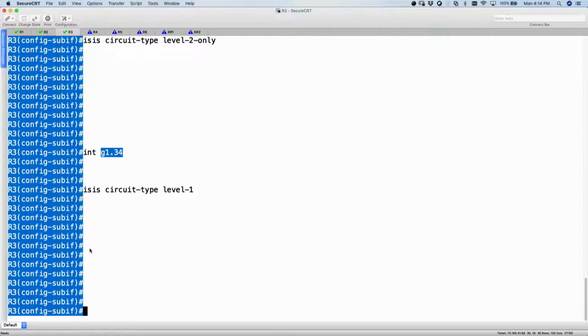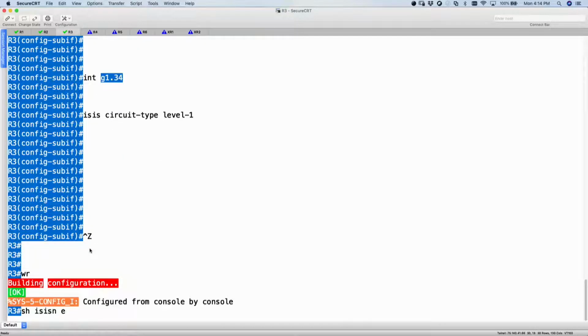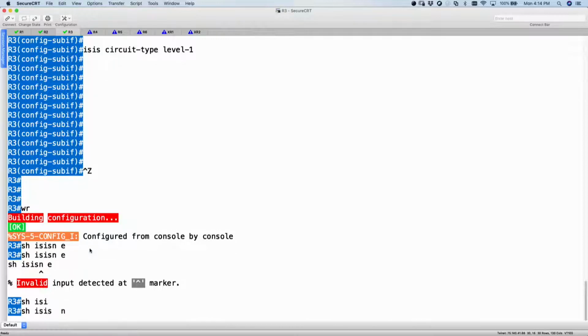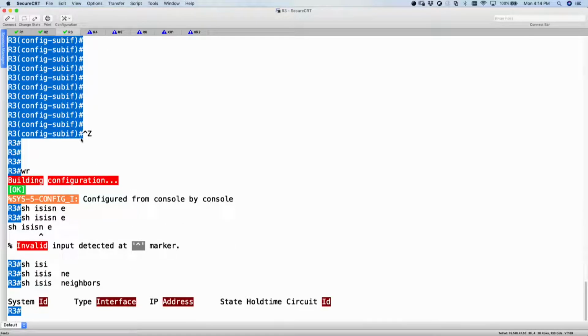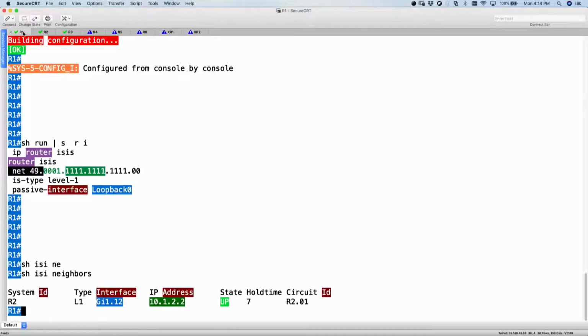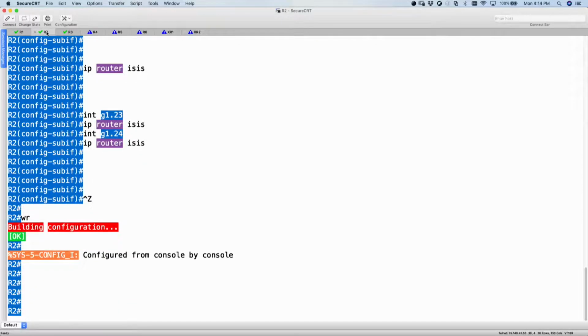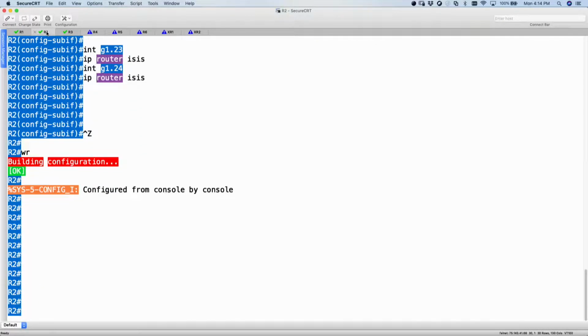So now I have ISIS implemented on R3. Let's do a show ISIS neighbors. I should have neighborship with R2. And R1 and R2 should establish L1 neighborship with each other. So I do have neighborship with R2 right now. R1 and R2 are L1 neighbors. R2 should establish neighborship with R3 and R1 as of right now.